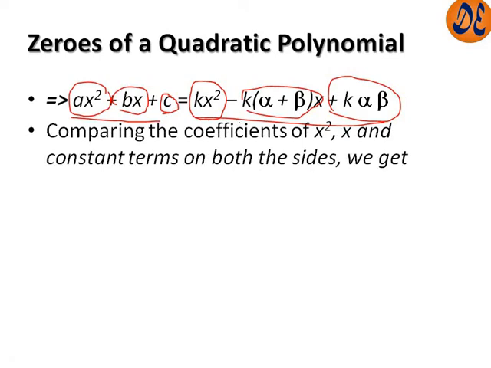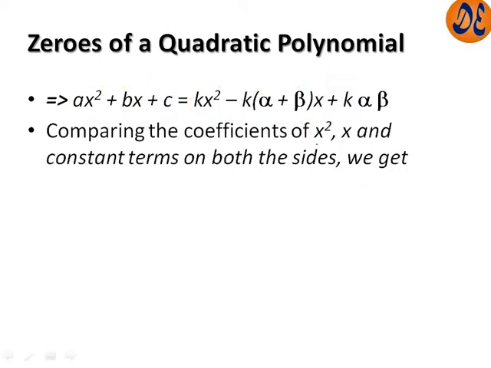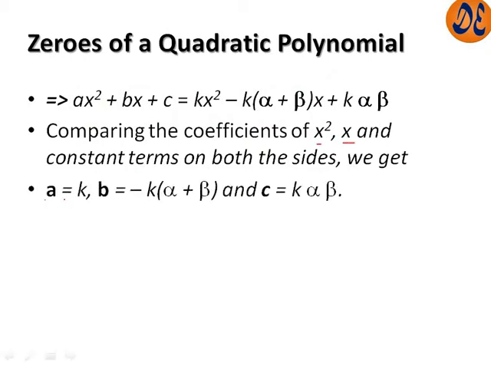So now we will compare the coefficients on both sides, that means x square, x and constant. Then what we get? We get a is equal to k, b is equal to minus k times (alpha plus beta), and c is equal to k alpha beta.